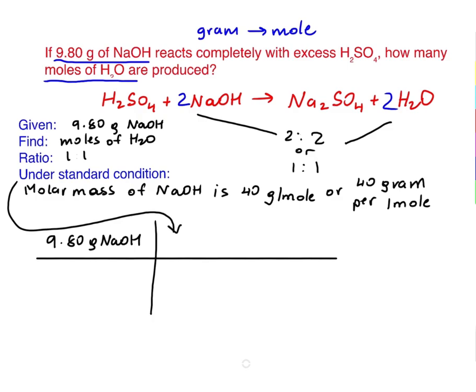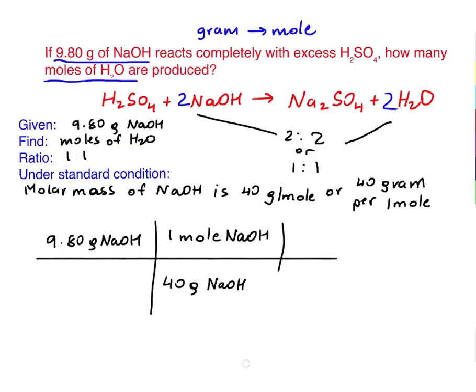Second, you write the standard condition. What's the standard condition? It's 1 mole of sodium hydroxide, or NaOH, per 40 gram. So 40 gram per 1 mole. And sorry, I forgot to write NaOH on top, and here I'm going to write it now.